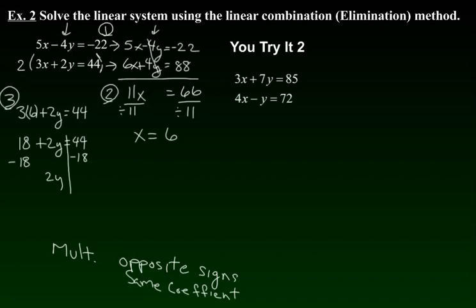So we get 2y, the 18's canceled. 44 minus 18 is going to be 26. Then we're going to divide both sides by 2 and get y equals 13. And the last step, step 4, is to write our answer as an ordered pair, (6, 13).